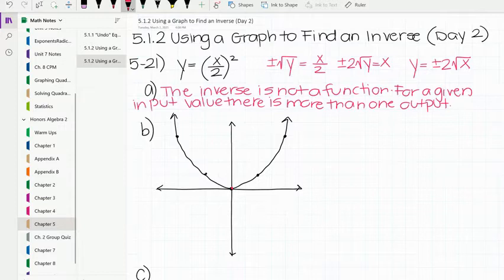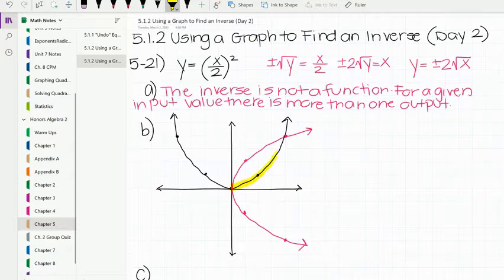Since we have a point at (2, 1), we'll have a point at (1, 2). We had a point at (negative 2, 1), so we'll have (1, negative 2), and then (4, 4) and (4, negative 4). So this is what our inverse looks like, and I'm not going to say inverse function because it's not a function.